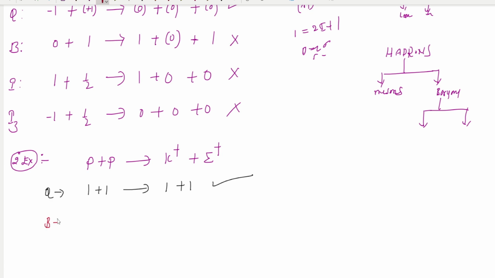Next, conservation of baryon number. The proton is a baryon, a heavy particle, so 1 plus 1 on the left. On the right, K plus is a K meson, not a baryon, so its baryon number is 0, and the sigma is a baryon with baryon number 1. Therefore it is violating the conservation of baryon number.